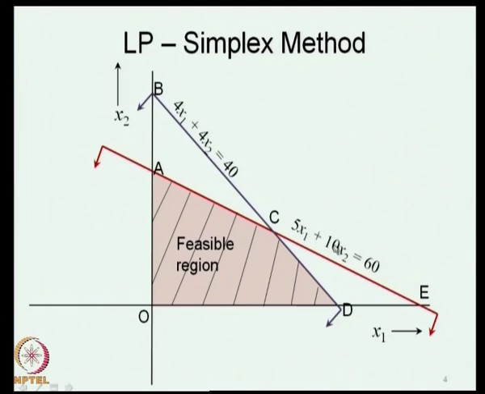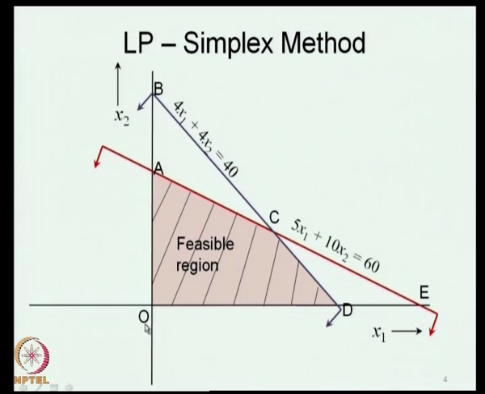Similarly, 5x1 plus 10x2 equal to 60 is the bound on the constraint 5x1 plus 10x2 less than or equal to 60, and the intersecting region between the region of this constraint and this particular constraint will be this region, in which any point within the region will be a feasible solution, and therefore, this region is called a feasible region.